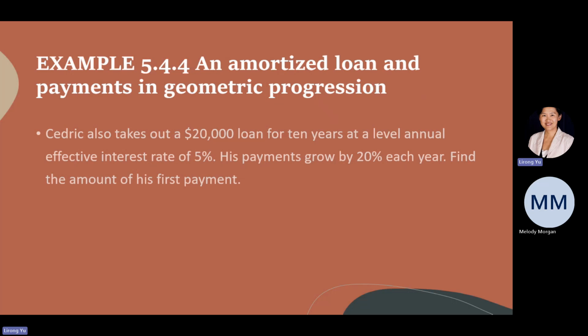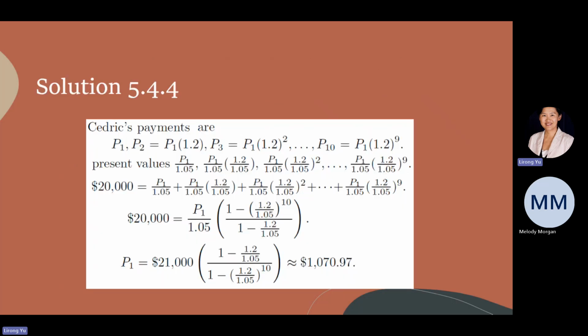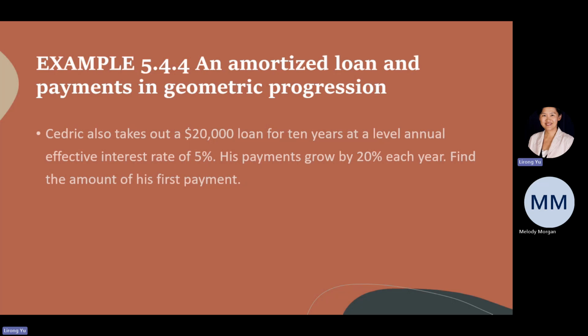This is a geometric progression. So the 20,000 equals the present value of all the future 10 payments. Like how we treated all the 3.8 questions, you write out all your payments and work out a geometric sequence of all 10 payments. And that's how it looks. It's paid at the end of the year, so it's an end-of-year payment.